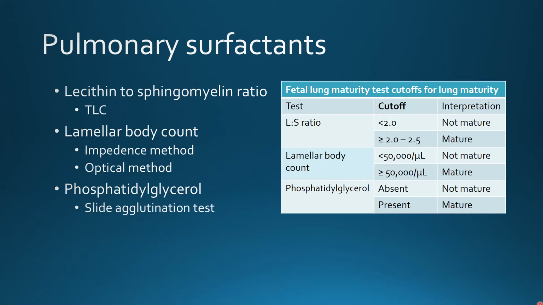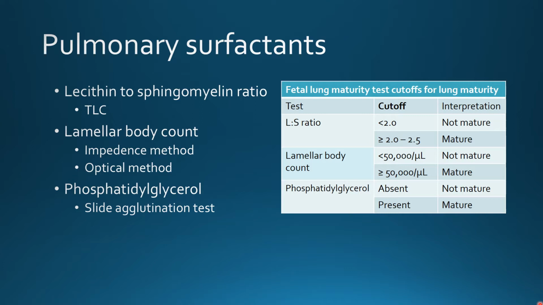Anyway, normal blood has a lecithin sphingomyelin ratio between 1.5 and 2.0. So if your amniotic fluid is contaminated with blood, you can't use it. Same goes for meconium. Meconium has an LS ratio somewhere between 1.1 and 3.6, so you can't use fluid that's been contaminated with that.